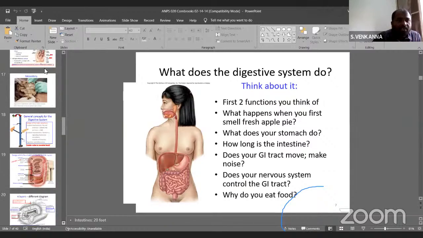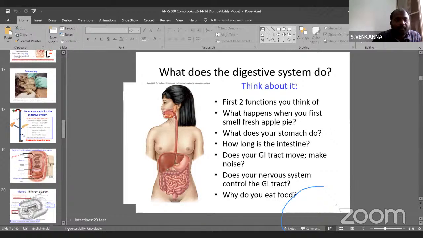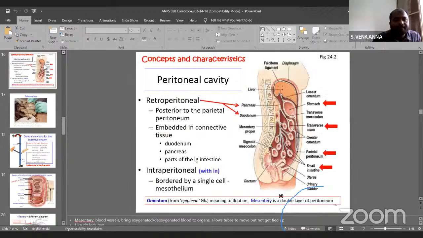This is the main concept and characteristics. See the potential cavity, which holds internal organs and hormone secretion, such as acids and bases.